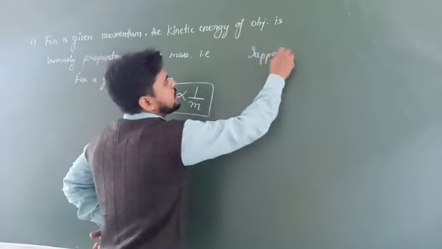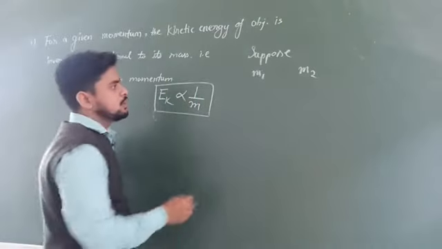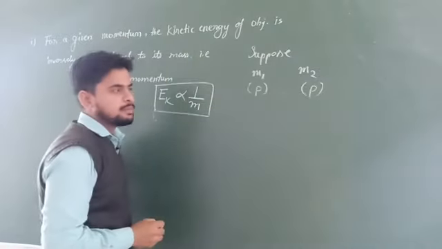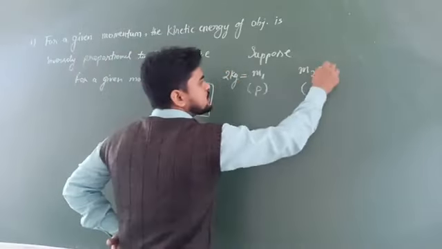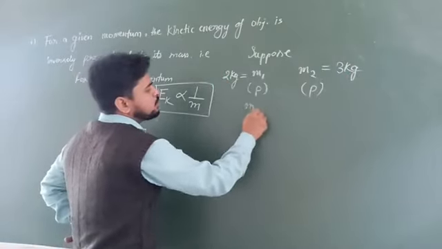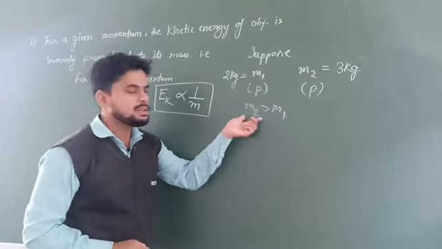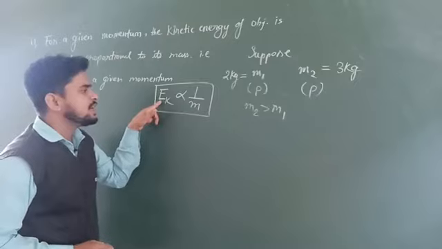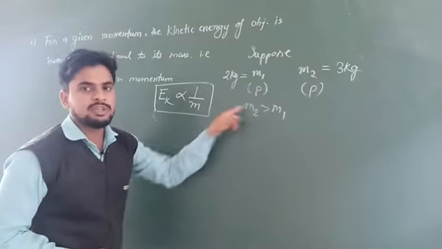Suppose we have two objects, m1 and m2, both with the same momentum p. Let us say m1 equals 2 kg and m2 equals 3 kg. So it is clear that m2 is greater than m1. If the second mass is greater than the first mass, then with the help of this relation we can say the kinetic energy of the second mass will be less than the kinetic energy of the first mass.